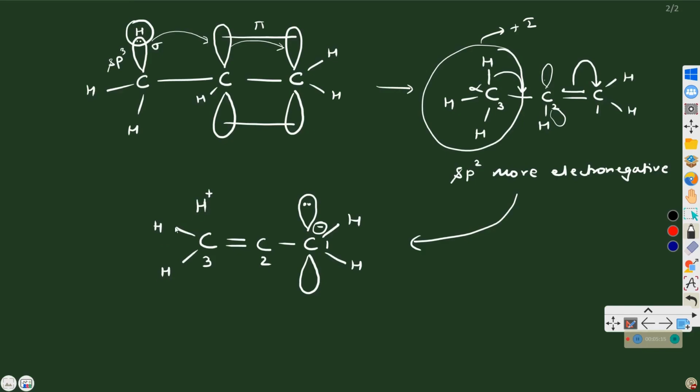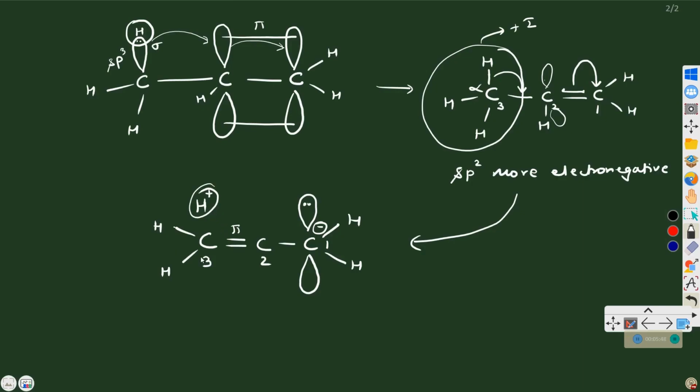Now we can understand that for this H plus, there is no sharing of electrons between this hydrogen and carbon number 3. Then why is it remaining here itself? That is because the pi electron cloud is always perpendicular to the plane of the molecule. This hydrogen ion remains attracted towards that pi electron cloud, so it is not leaving the molecule.